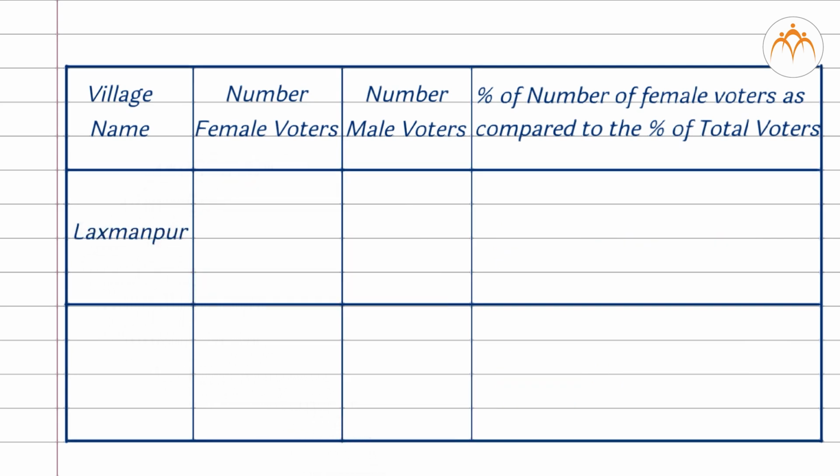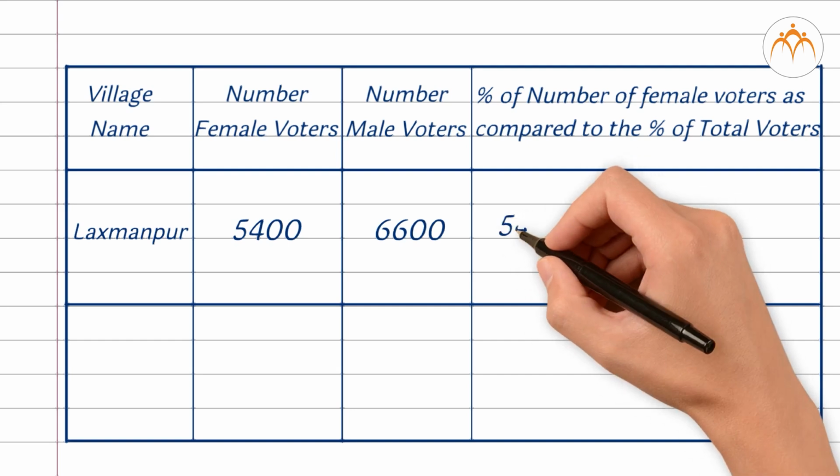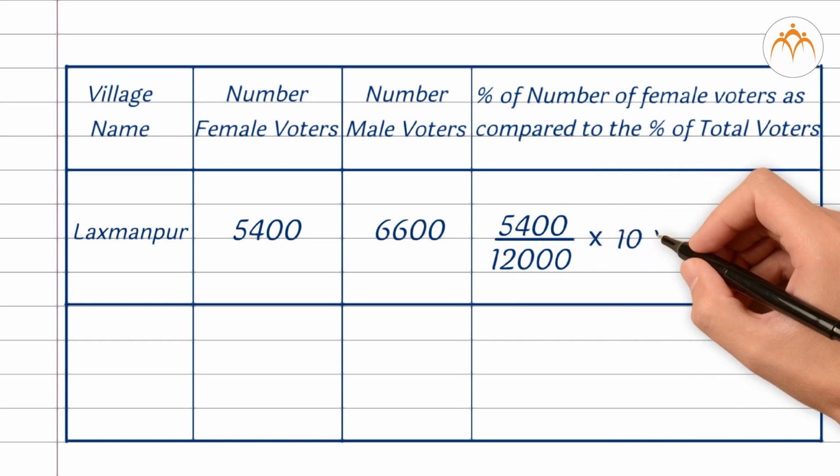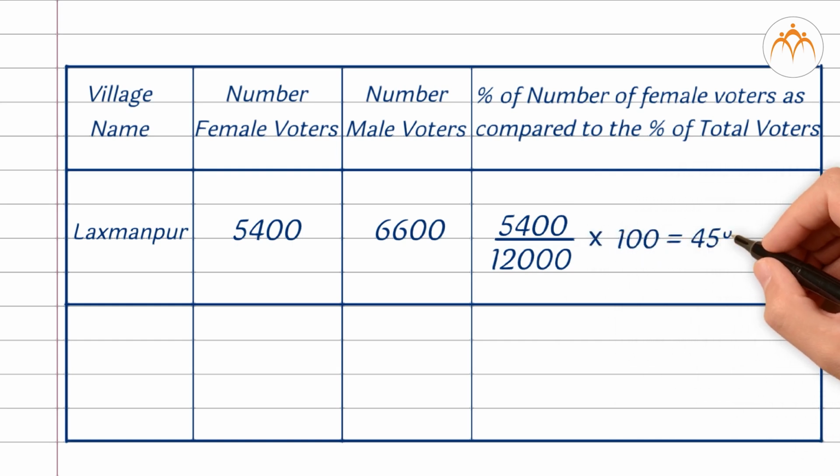Lakshmanpur. Number of female voters 5,400. Number of male voters 6,600. Percentage of female voters as compared to total voters: 5,400 divided by 12,000 multiplied by 100 is equal to 45%.